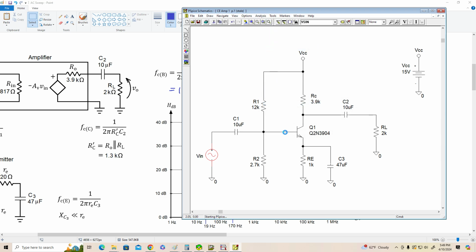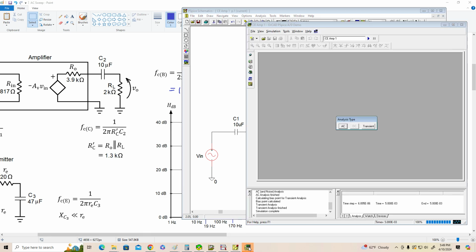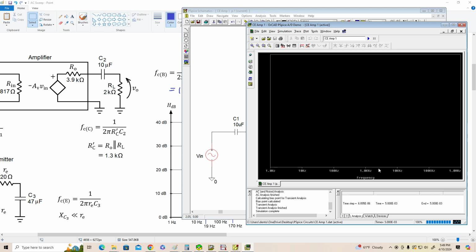Let's just go ahead and hit Analysis, Simulate. PSpice is crunching the numbers, and now here is Probe, and we've got our choice between transient and AC analysis. We're going to choose AC this time, and here's our frequency axis extending from 1 Hertz to 1 megahertz. And what we want to look at is VRL2, that is the voltage at node 2 of RL.